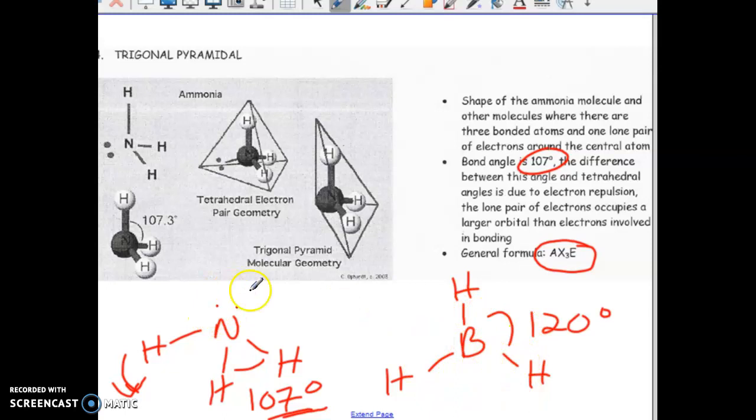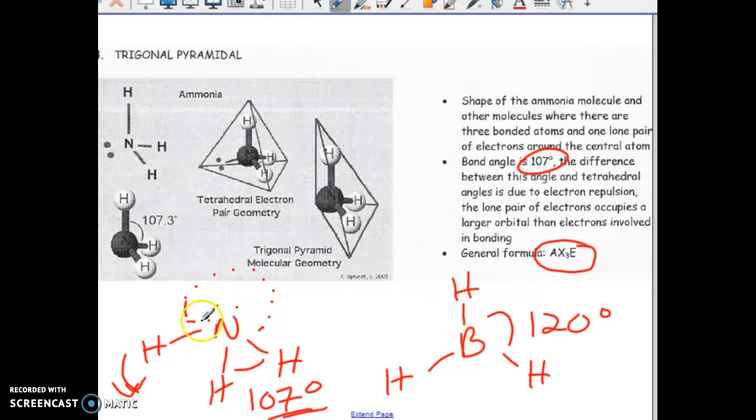This lone pair is in its own orbital. The orbital is a volume of space where the electrons are essentially within, and you have to remember those electrons are repelling each other. So the lone pairs of electrons around central atoms will occupy more space than when you have just bonding electrons.